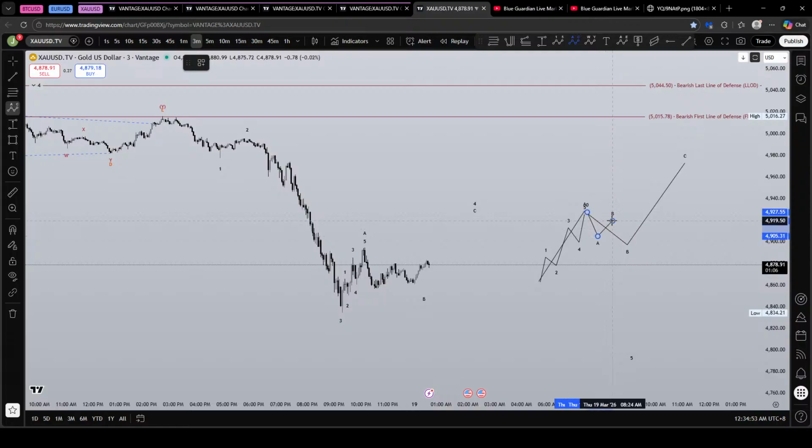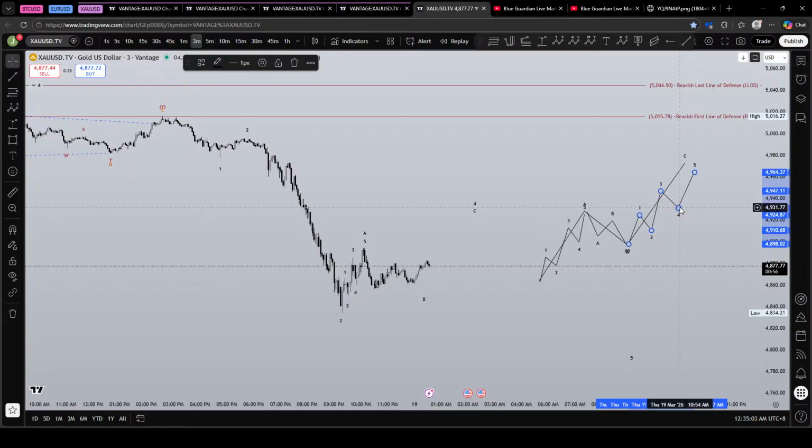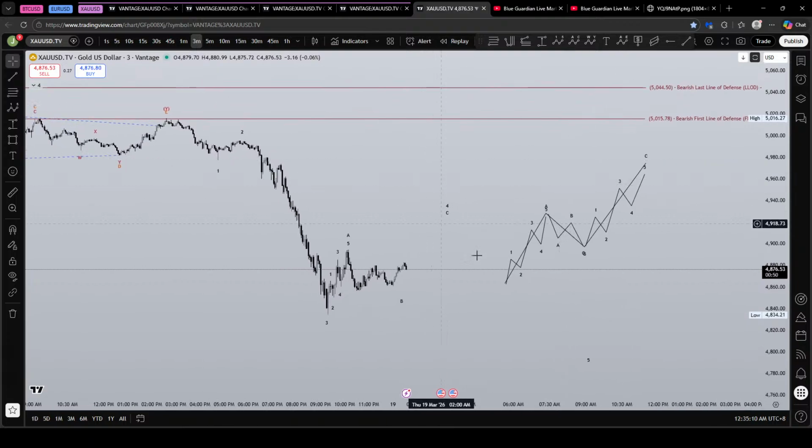The 3 waves down here can be a triangle or any corrective structure, and then another 5 waves up. Once we have completed the last 5 waves up of the internal waves of this wave C, that's the only time that the market will continue to go down.